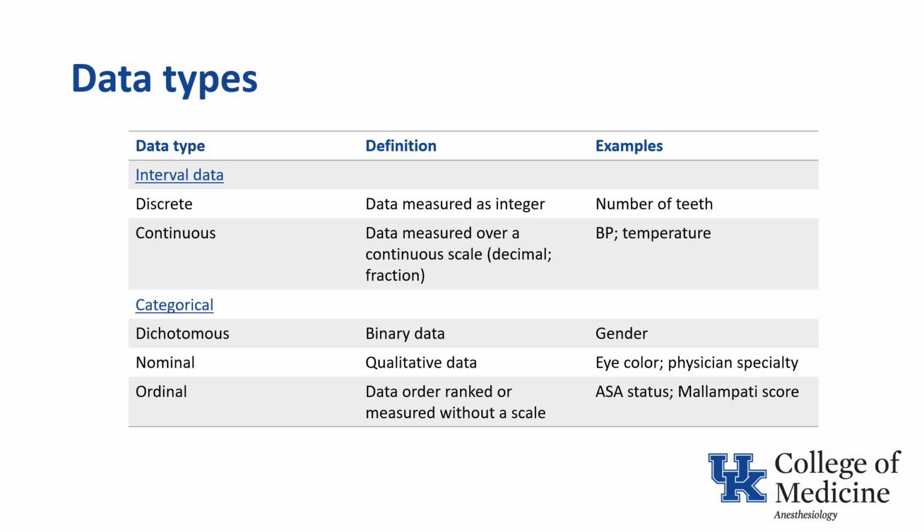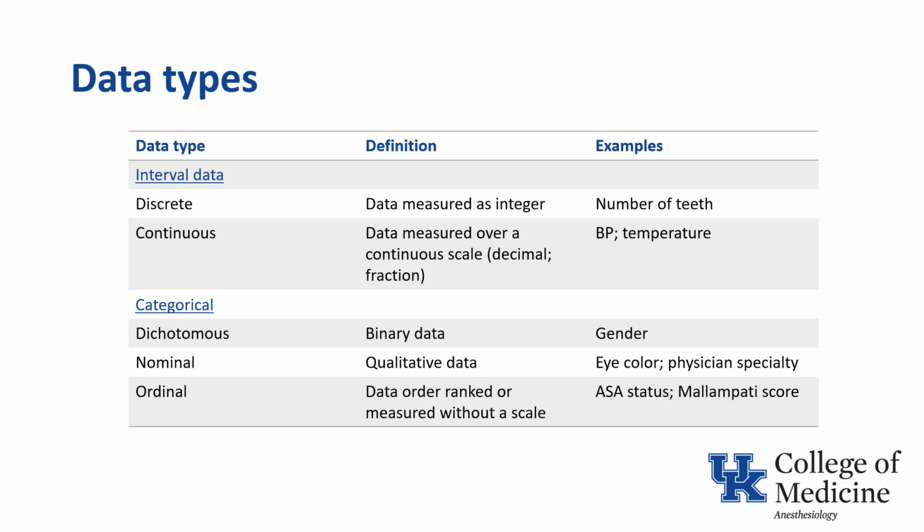Coming to the categorical data, it can be subdivided into dichotomous data, nominal, and ordinal. Dichotomous data is essentially two or binary data. A very good example is gender, male or female. With nominal data, you're assigning a characteristic of a patient or the data to a specific category.